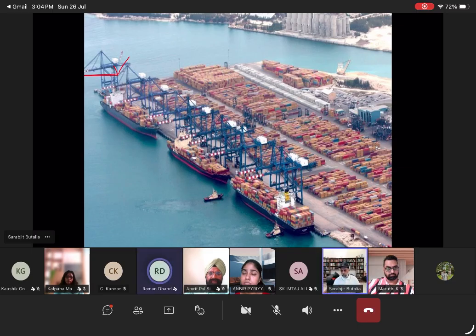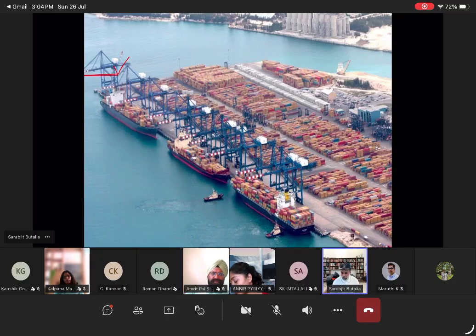And sir, where these vessels are placed, this is called the berthing? We call it berth, you can call it terminal, wharf, various names. Nowadays you call it a container terminal. A terminal is nothing but a long stretch of concrete platform they have created.